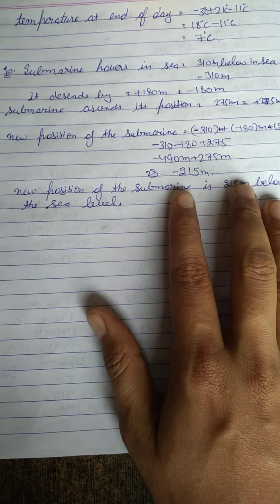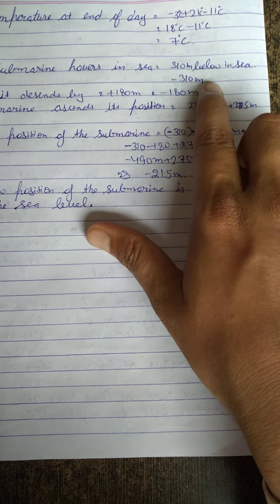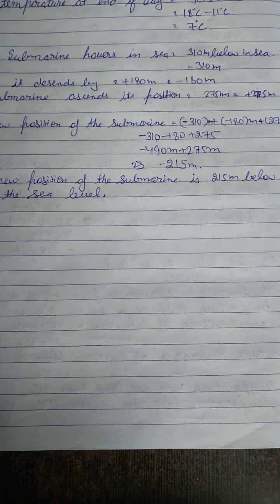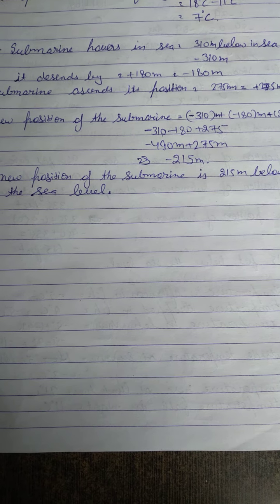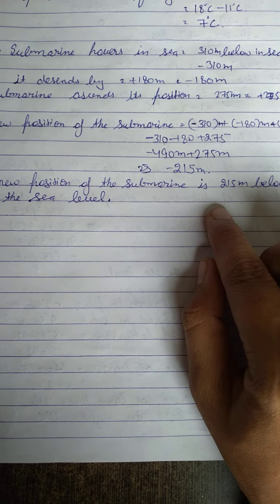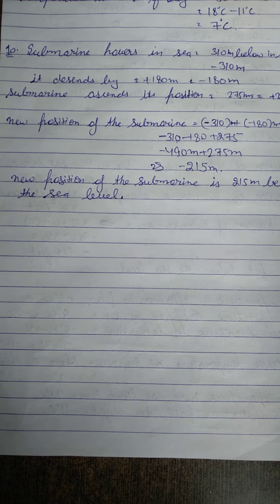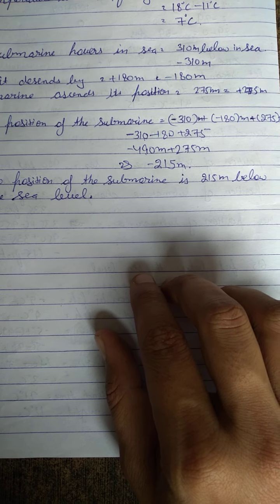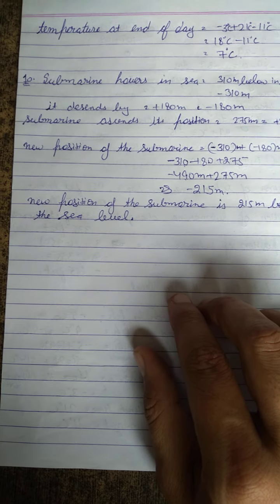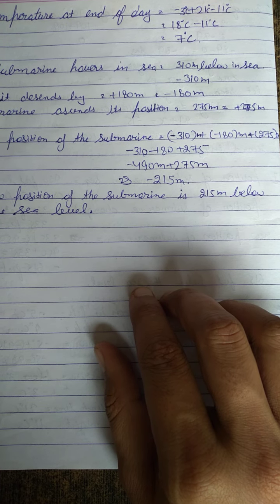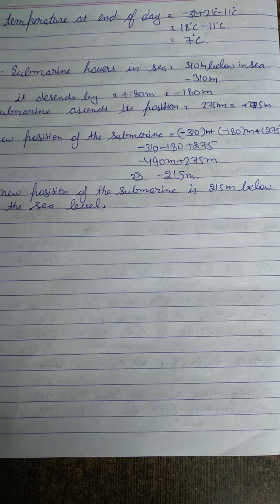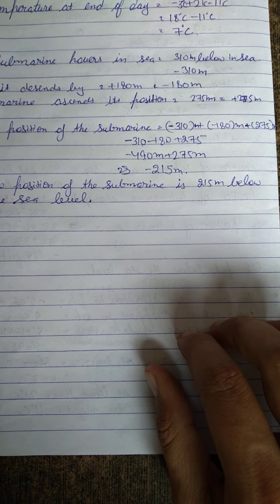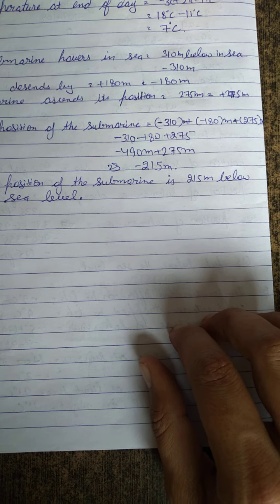So again the submarine hovers in the sea, that is 310 meters below the sea level. Firstly it descends. Descends means सरफेस से दूर जाना. तो ये पहले माइनस 310 पर थी, उसके बाद 180 मीटर नीचे गई. ओके, it means that distance should be taken as a negative integer. देन द सबमरीन असेंड्स इट्स पोजीशन बाय 275 मीटर. मतलब उसके बाद वो 275 मीटर ऊपर आई. न्यू पोजीशन फाइंड करनी है, दैट इज माइनस 310 माइनस 180 प्लस 275.